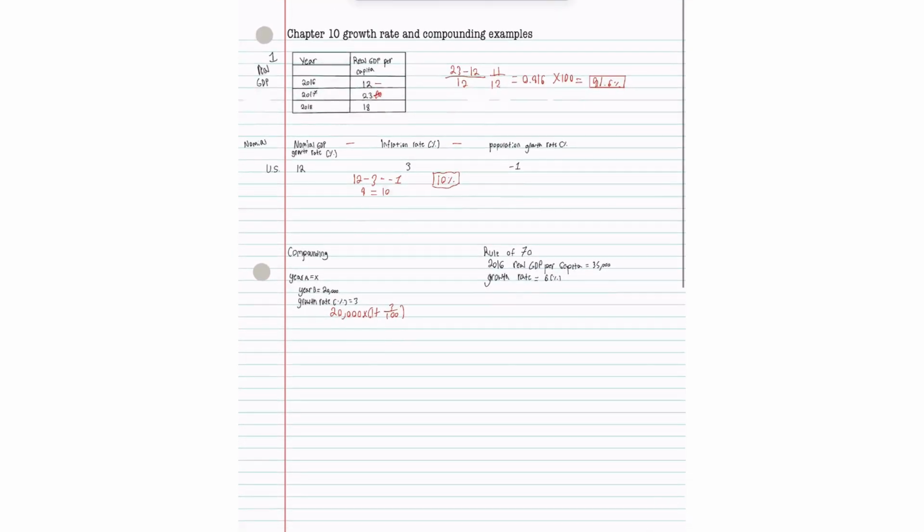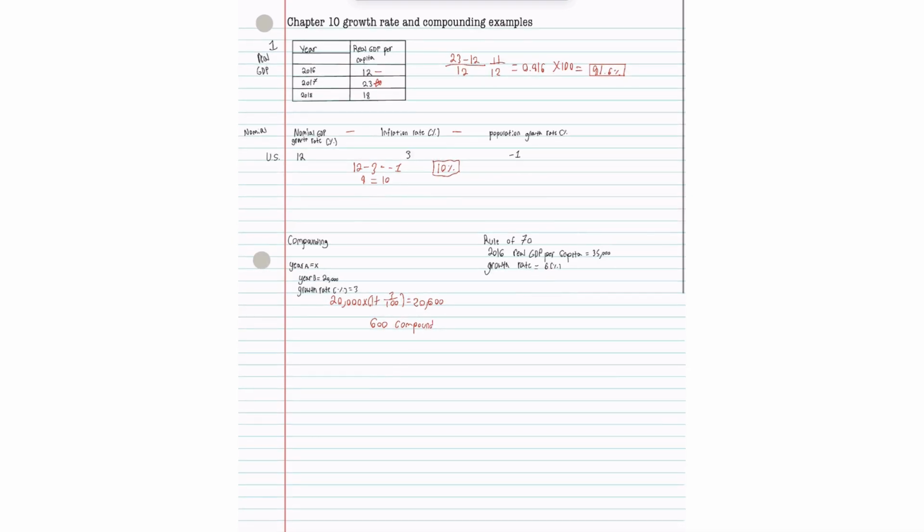And calculating that is going to be 3 divided by 100, 0.03 plus 1 times 20,000, and I'm going to get 20,600. So that means that 600 of that came from the compound.